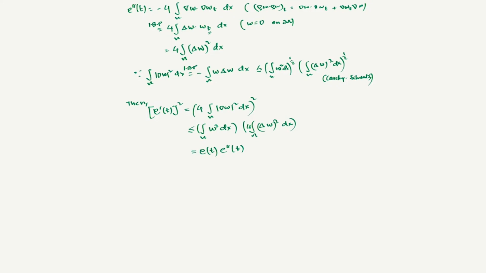So what do we have? We have that e double prime of t times e of t is greater than or equal to e prime of t squared, for all t between 0 and capital T. Now this inequality, if you look at it properly, says e double prime e minus e prime t squared is greater than 0, and that will give you something like the derivative of e prime of t by e of t.